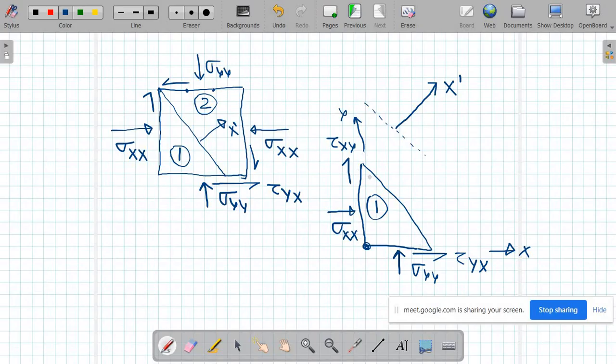So now this is the net force, the force which is applied on this part of the block. So we have to ultimately find out what will be the force in the x direction, and what will be the force in the y direction.